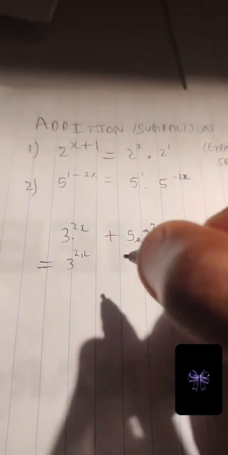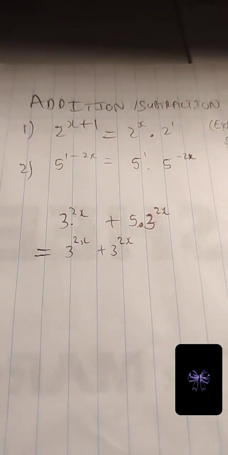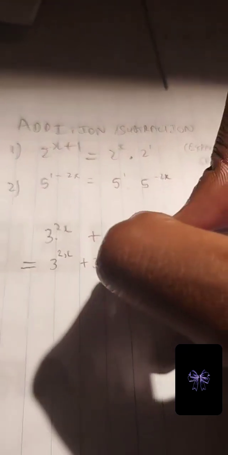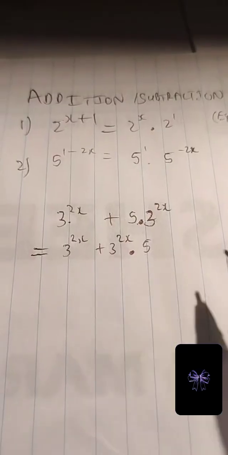3 to the power 2x plus 5 times 3 to the power 2x. Is it possible to say 3 to the power 2x plus 3 to the power 2x and then multiply by 5? That's fine because multiplication is commutative. Yeah, sure.